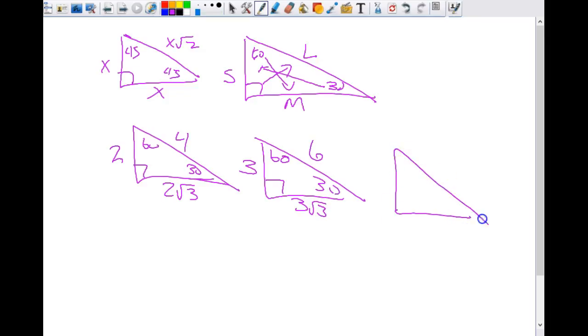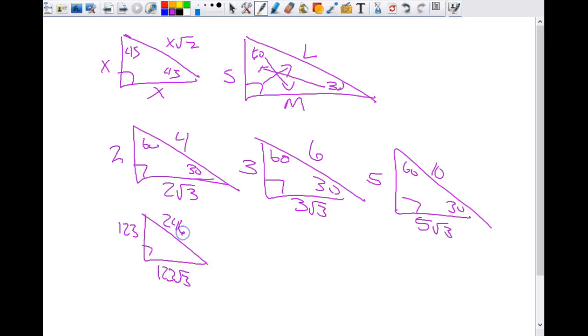And if this is 5, then this is going to be 5 root 3, and this one's going to be 10. And if this is, I don't know, 123, then this is 123 root 3, and this is 246.